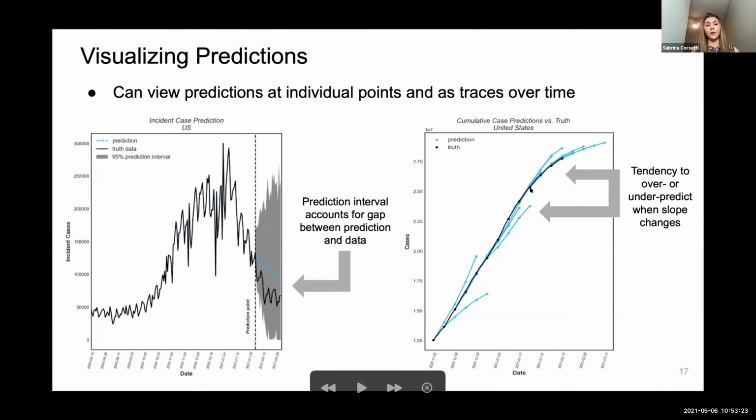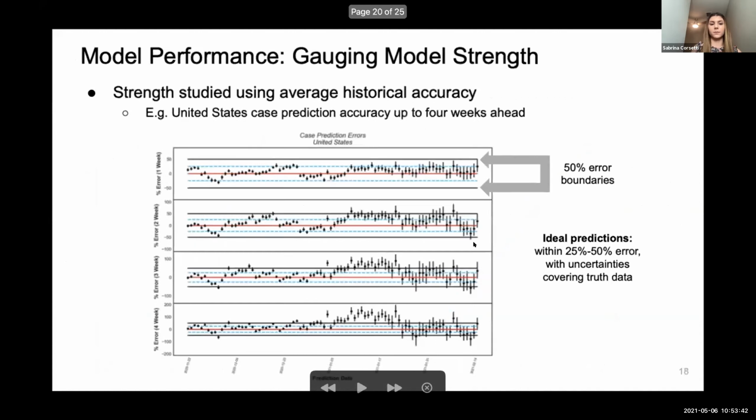Now, looking at our predictions as traces over time, we see a few patterns where the predictions shown in blue against the truth data shown in black tend to fit relatively well, but we do have a tendency to overpredict when the curve starts to dip down and underpredict when the curve starts to move upwards.